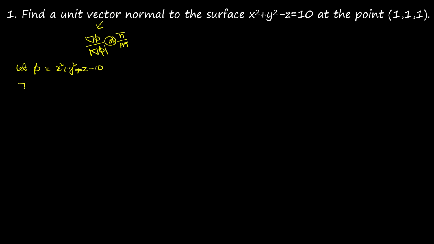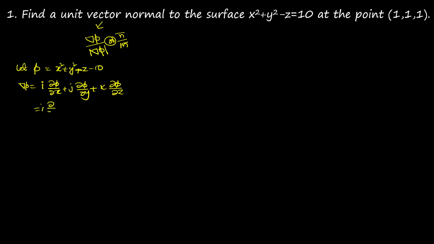So del phi, or the gradient of phi, is equal to i into dou phi by dou x plus j dou phi by dou y plus k dou phi by dou z.